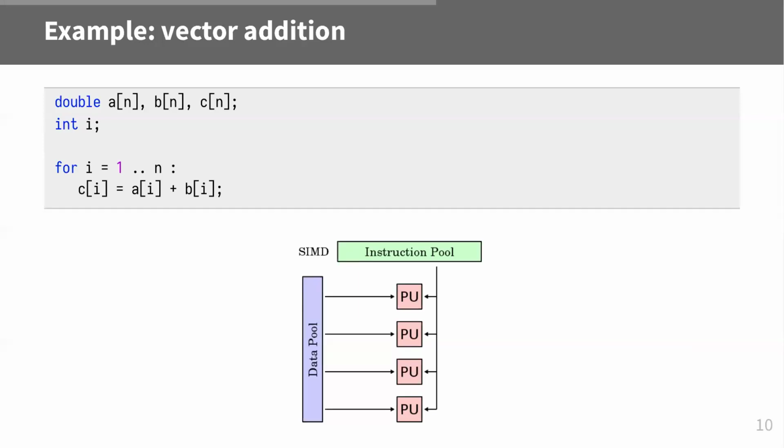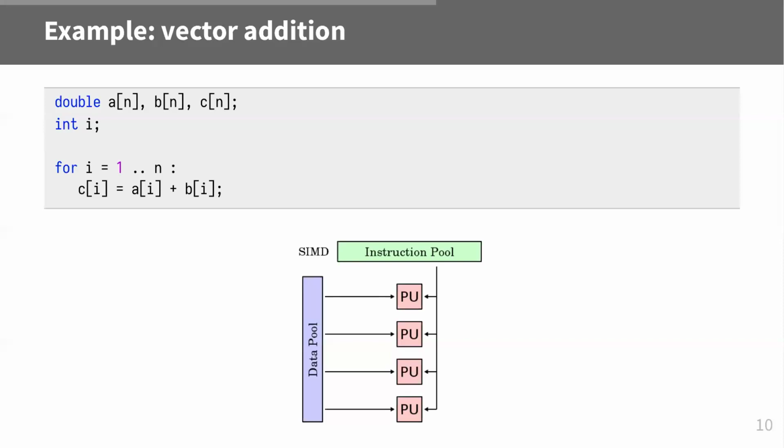Then you can see pretty straightforwardly, you are adding up each element independently of the others. Because they're all independent operations, you can do that in parallel. Now, this is usually referred to as a SIMD situation, where you have a single instruction, here addition, but it operates on multiple data.